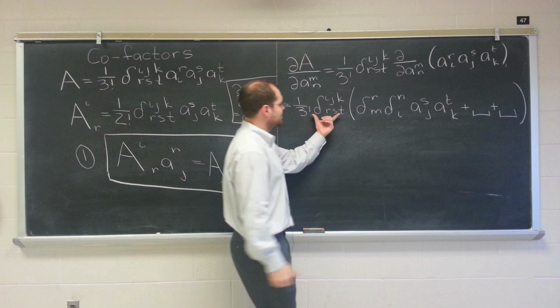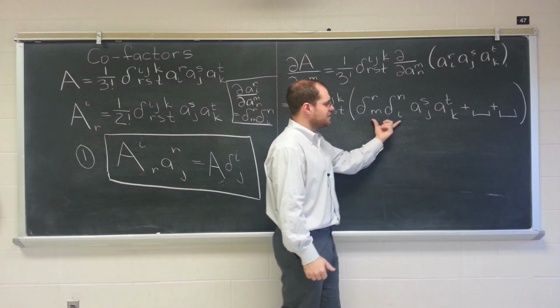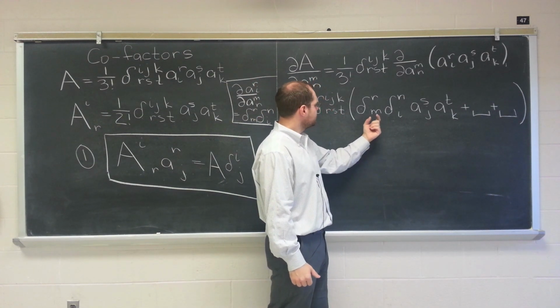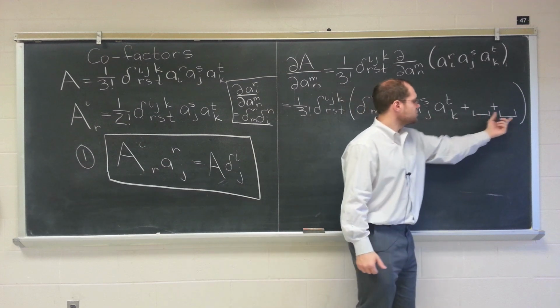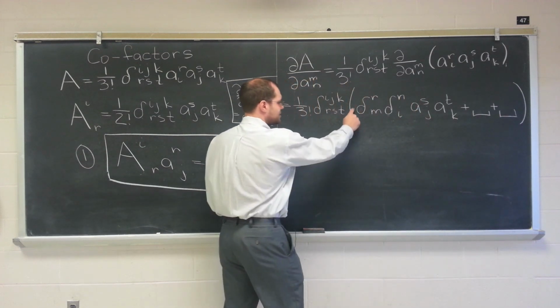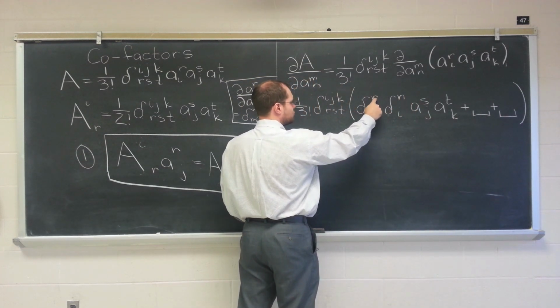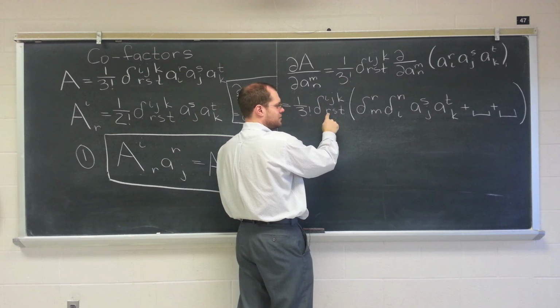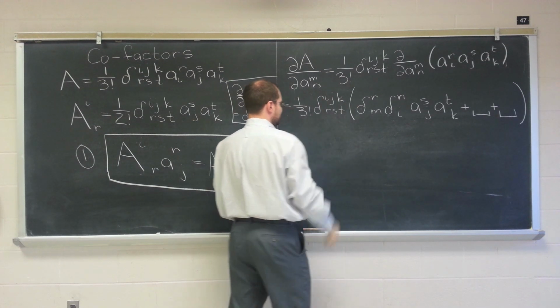Okay, now imagine that this full Kronecker delta comes inside the parentheses for each of the 3 terms and interacts with these Kronecker deltas, which renames r into m and i into n.